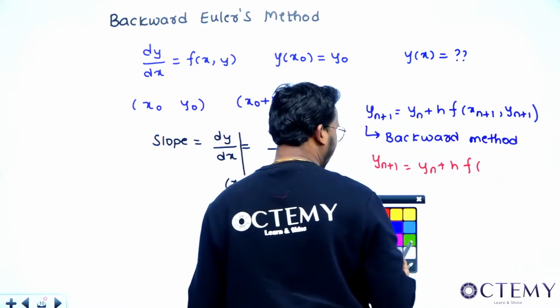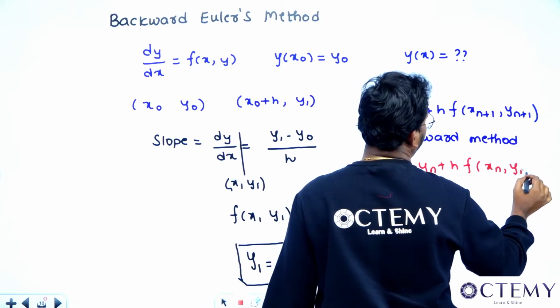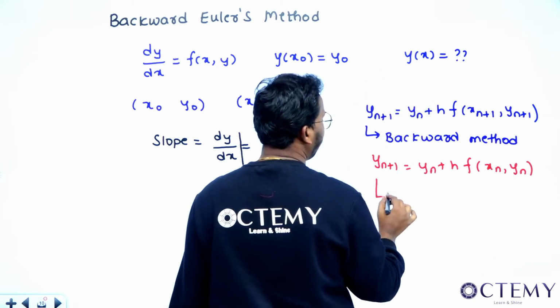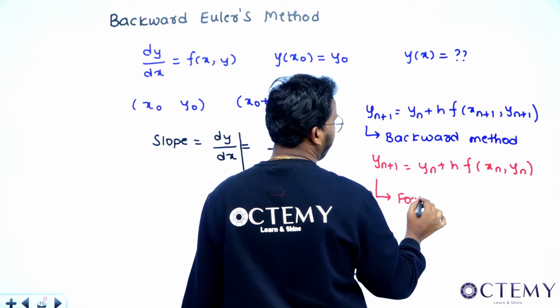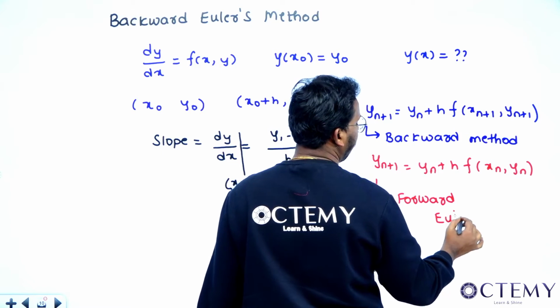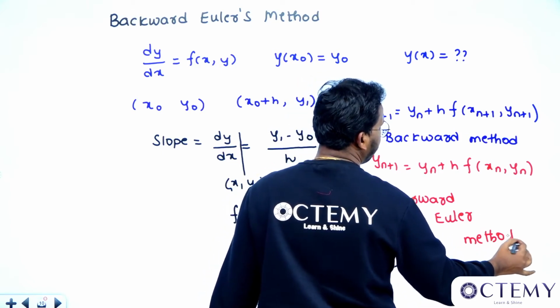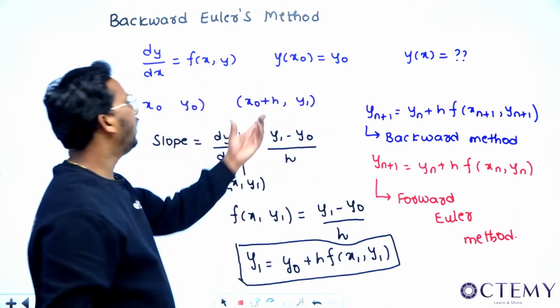And here we have xn, yn. This is your forward method. Forward Euler's method.